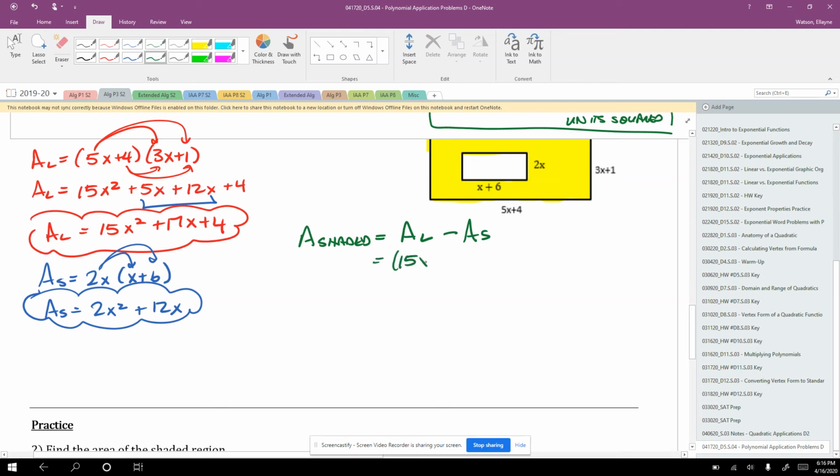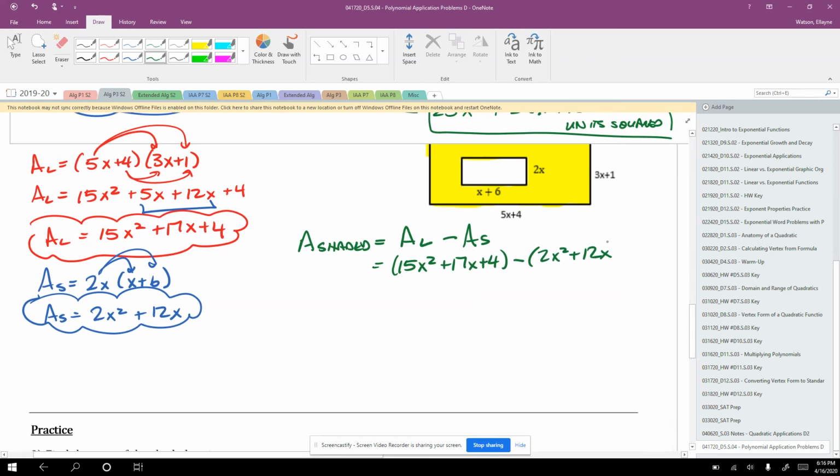So 15x squared plus 17x plus 4 minus, in parentheses, 2x squared plus 12x. Again, most common error, which is why I intentionally put those parentheses there. All right, you got a negative here. You're going to distribute it to each of these. So 15x squared plus 17x plus 4, distribute the negative, minus 2x squared, distribute the negative, minus 12x.